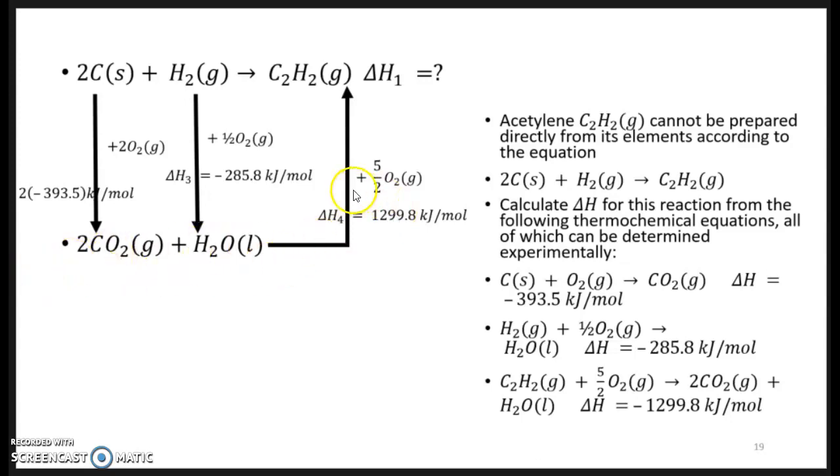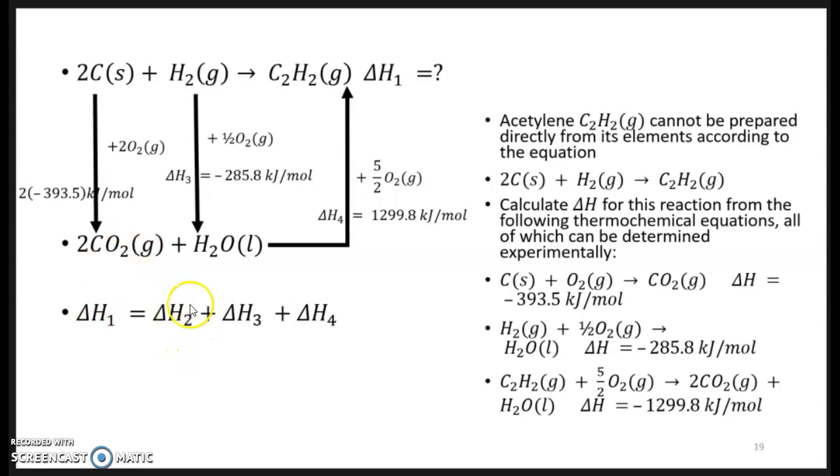And we can now calculate. We have a reaction, delta H1, delta H2, delta H3, and delta H4. So from Hess's law, our delta H1 is equal to delta H2 plus delta H3 plus delta H4, because this has formed a cycle.